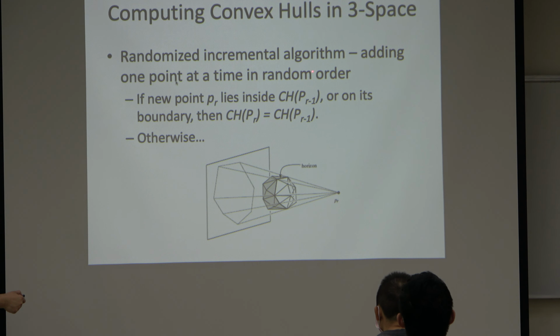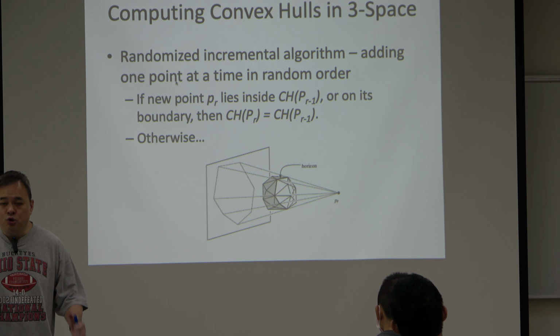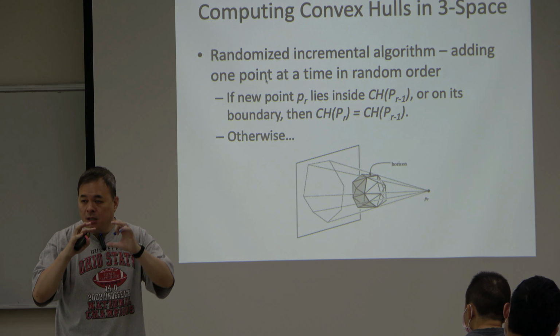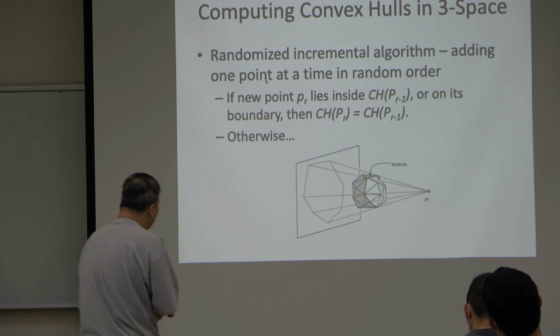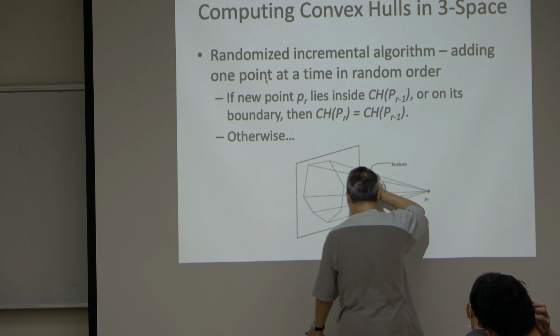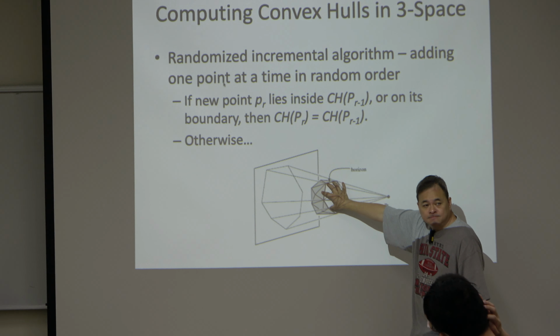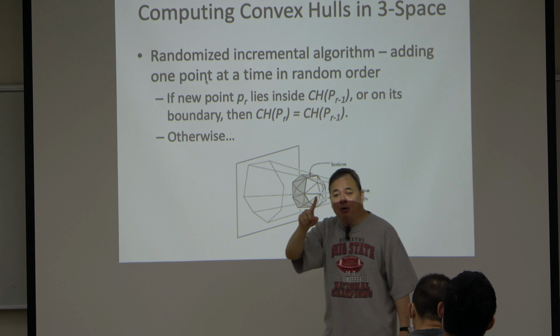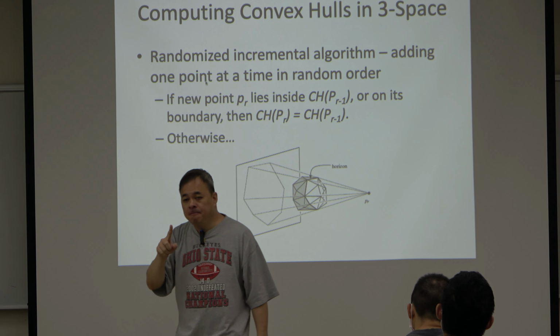So we are going to add one point at a time in random order. Assume you already have a polytope, the one that you originally have. And now you want to add a new point into this polytope.